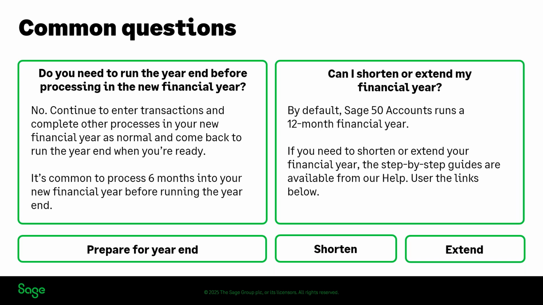If you do need to shorten or extend your financial year, usually it'll be for tax purposes as advised by your accountant, or maybe it's to bring your company in line with a sister company. Then there are step-by-step guides available to guide you through that process. Again, a lot easier than you would think. So the links are below there on the slide if you need them.